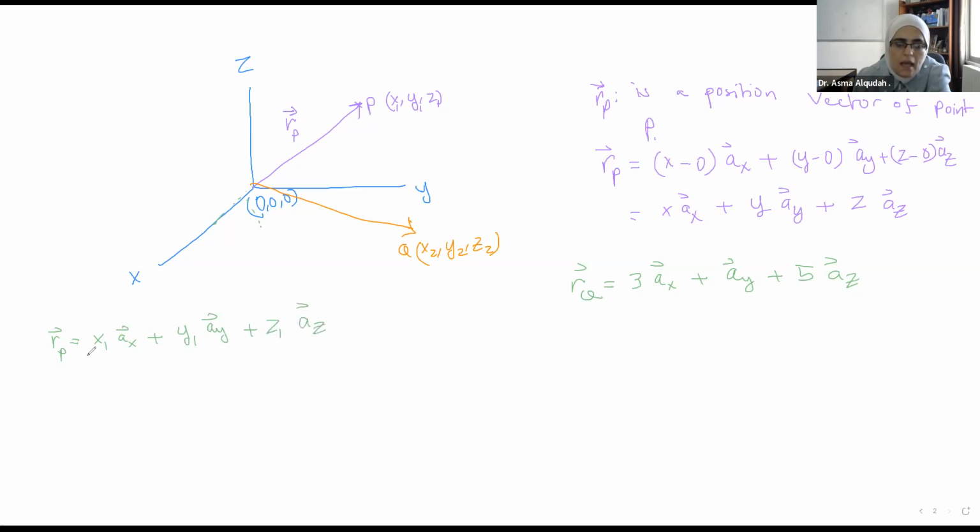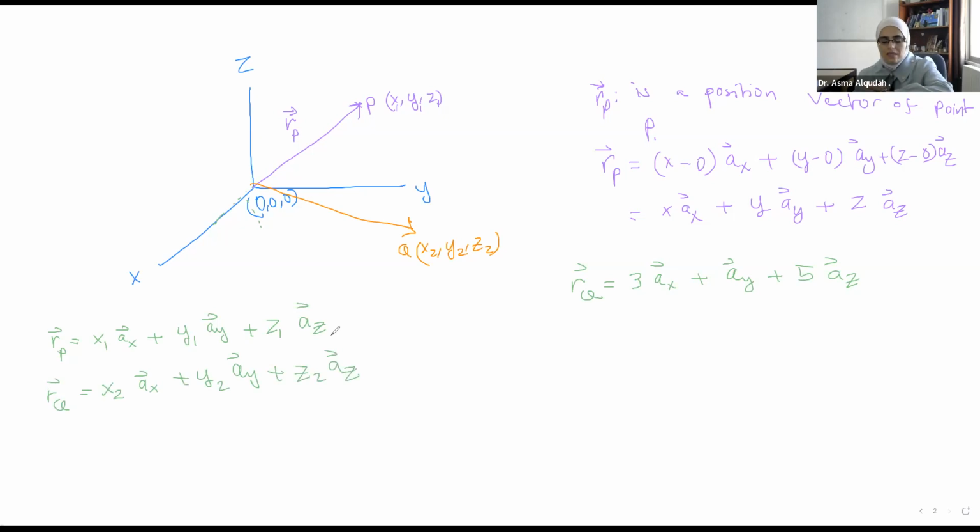The same thing applies to point Q. So we have another position vector for point Q, which is R sub Q, equal to x2 A sub x plus y2 A sub y plus z2 A sub z.